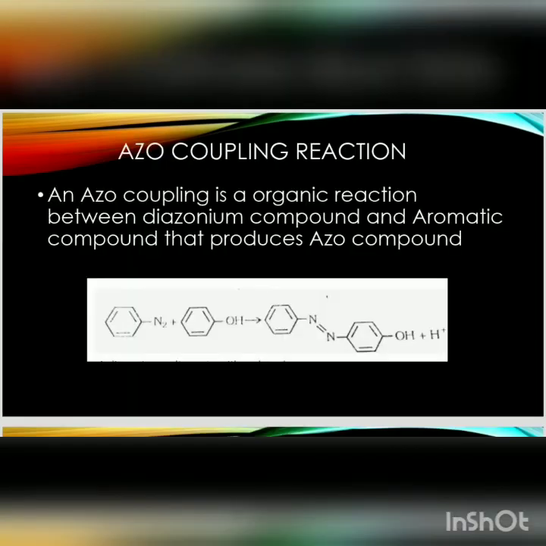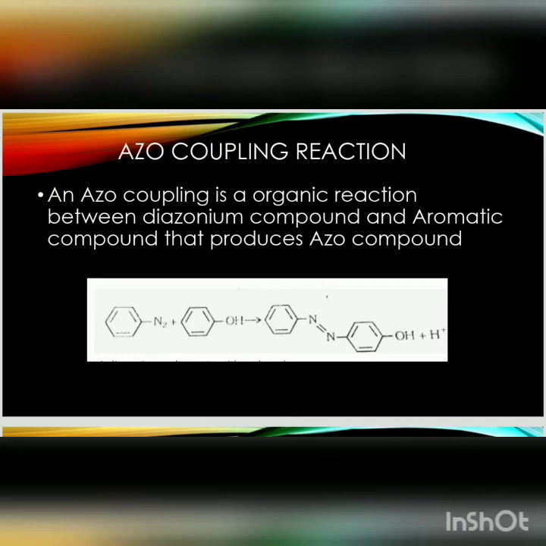Next one is the azo coupling reaction. An azo coupling reaction is an organic reaction between a diazonium compound and an aromatic compound that produces an azo compound. Here phenol reacts with benzene diazonium chloride and forms a benzene diazonium and phenol adduct.